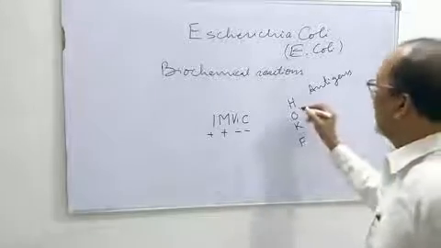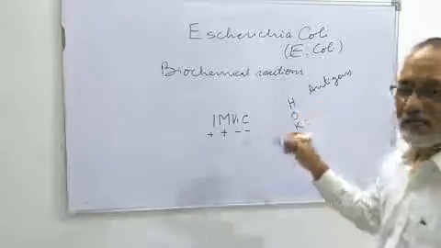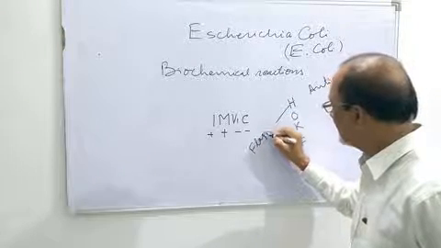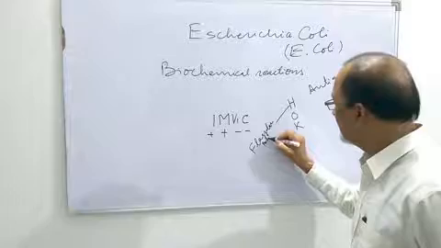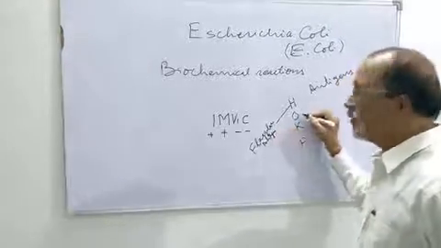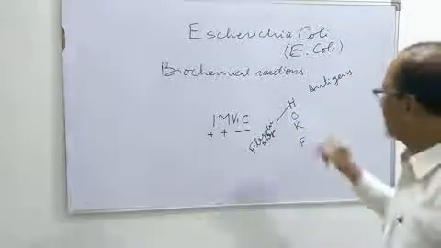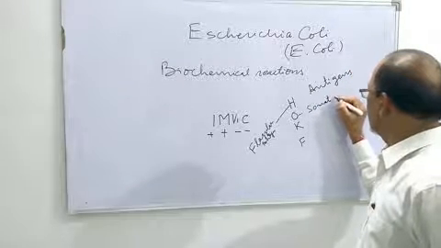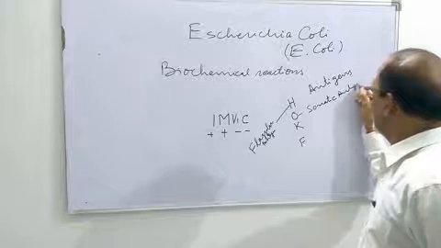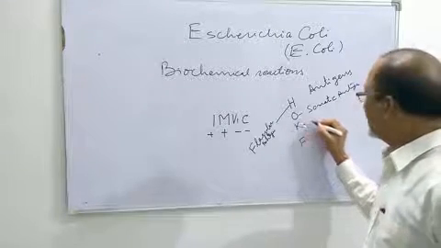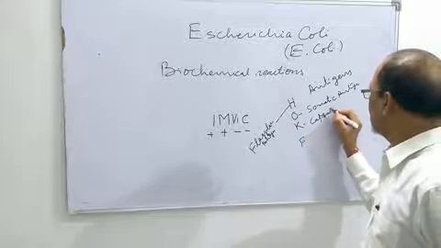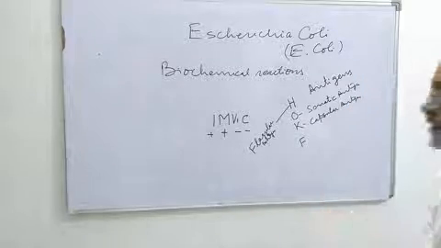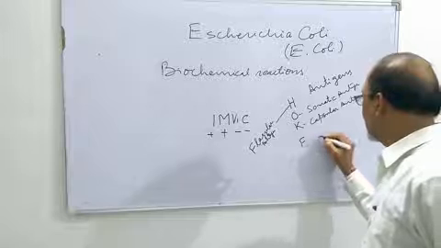This H is known as flagellar antigen, O is known as somatic antigen, K is known as capsular antigen, and the fourth one is known as fimbrial antigen.